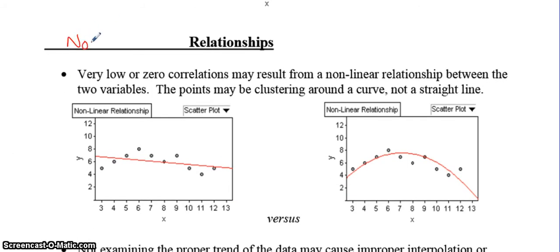So, nonlinear relationships. Very low or zero correlations may result from a nonlinear relationship between the two variables. The points may be clustering around a curve and not a straight line. So sometimes when points seem to curve, a curve of best fit would be a better option than a line of best fit.